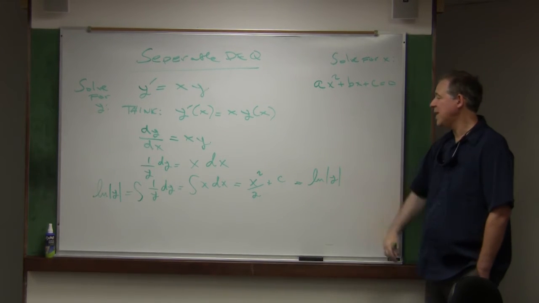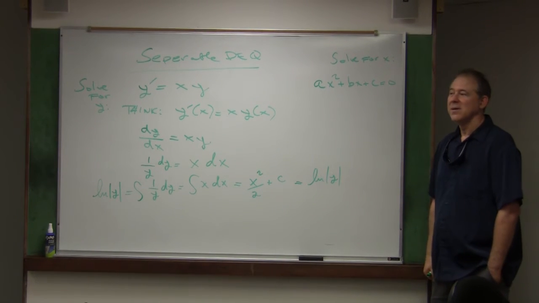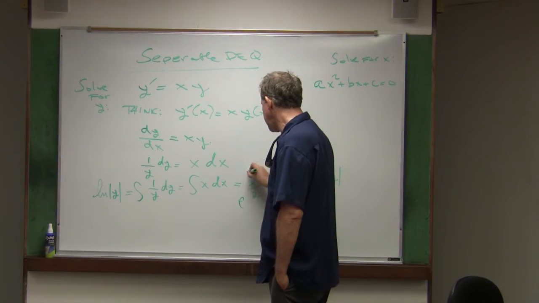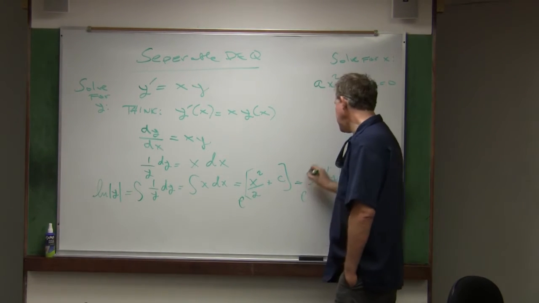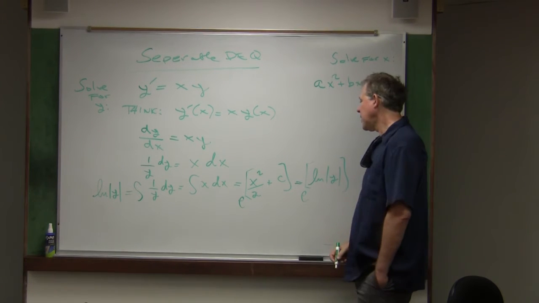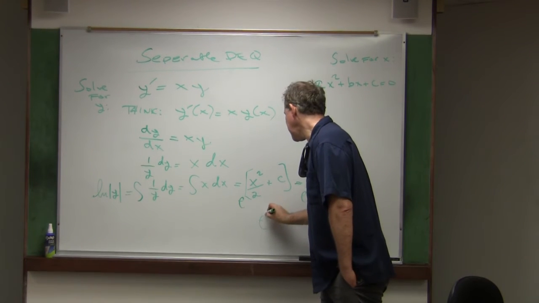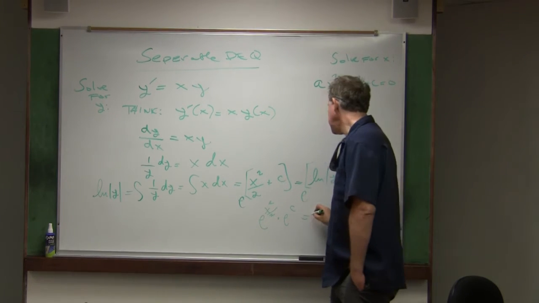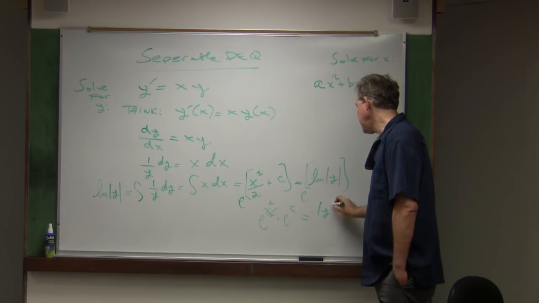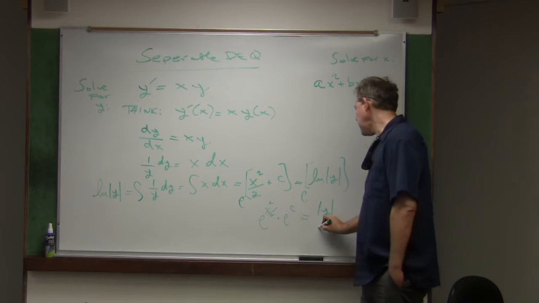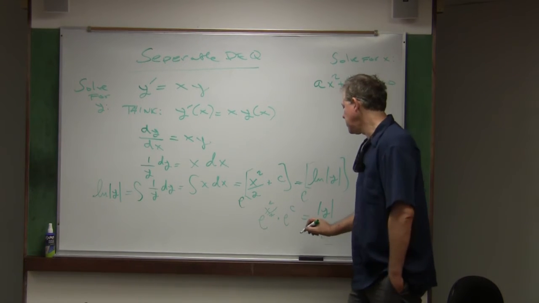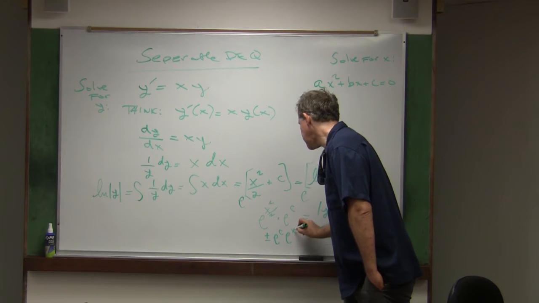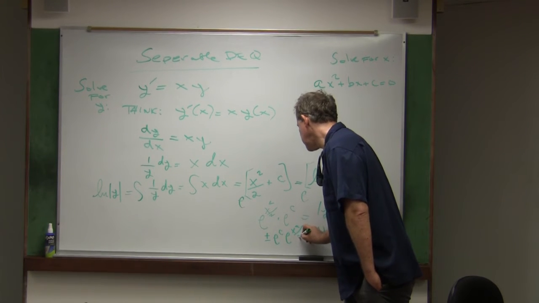How do I get rid of the ln? Right, I use the inverse function. So I take e raised to this is e raised to this. So e to the x squared over 2 times e to the c is equal to absolute value of y. And now I can say that y is equal to plus or minus e to the c, e to the x squared over 2.